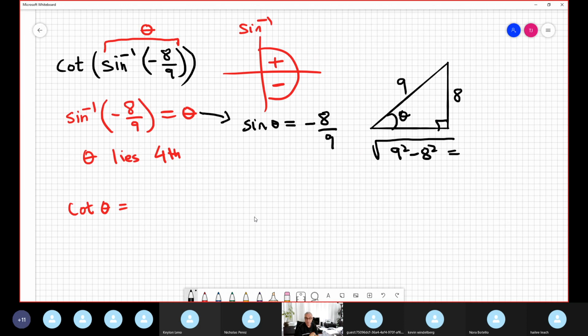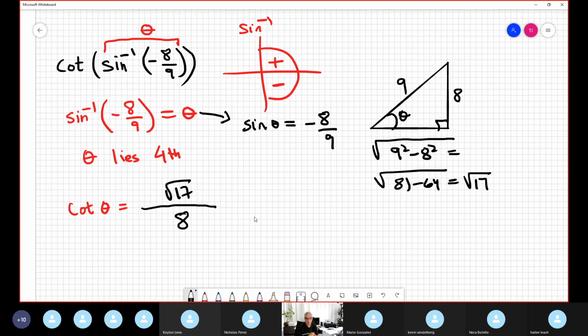81 minus 64 is 17. Okay, 17. Now, cotangent theta. The definition for the cotangent is adjacent over opposite, which is square root 17 over 8, no?